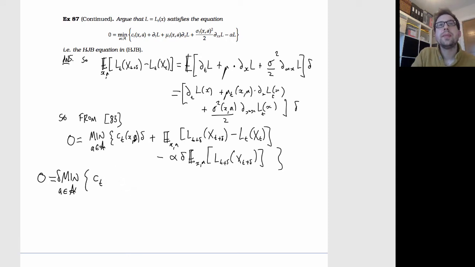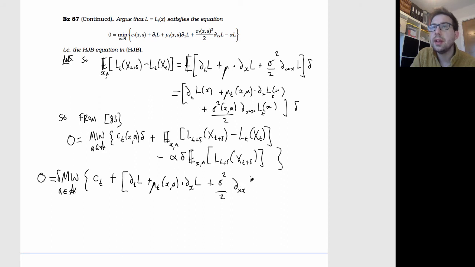C of t, this guy, plus the term in the square brackets here, the partial derivative of L, plus mu of t of x of a, this guy here, dotted with the partial derivative with respect to x, then added on sigma squared divided by 2, and then the second order partial derivative of this guy. And the delta I've absorbed out of the front.